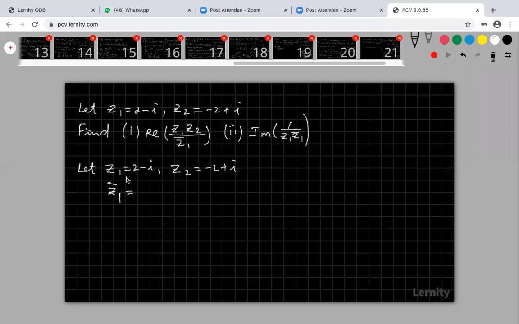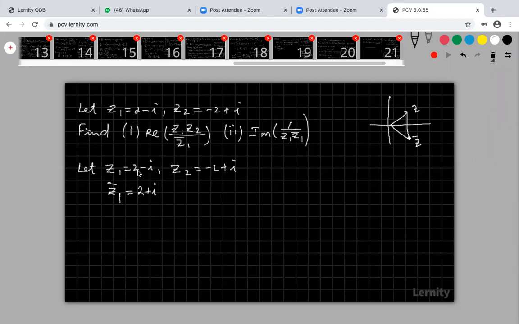Conjugate is the mirror image of the given complex number. If this is my Z, and this is my Z bar, the mirror image is called the conjugate. So this is nothing but 2 plus I.